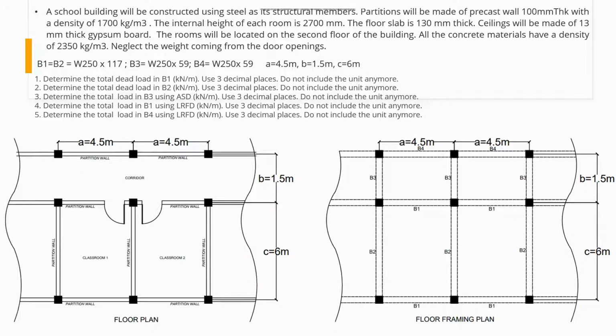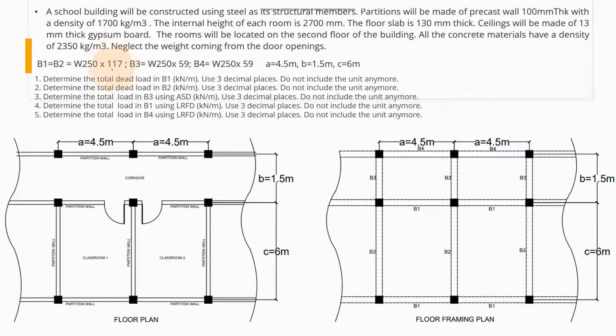So we have here the values for our beam 1 and beam 2 and also beam 3 and beam 4. And then sizes or our dimensions for A, B, and C. So take note that the numbers that came out in our MVLE are random. For example, this one, W250 by 117. I just put in a range, for example, 90 to 200.